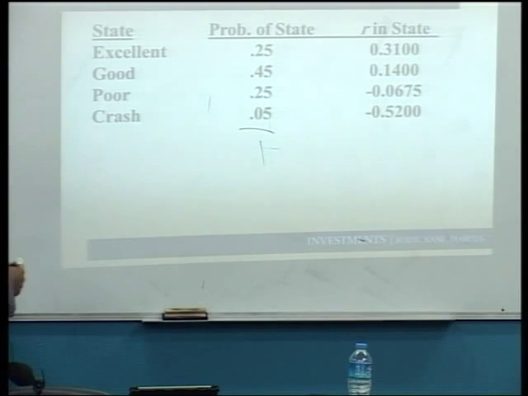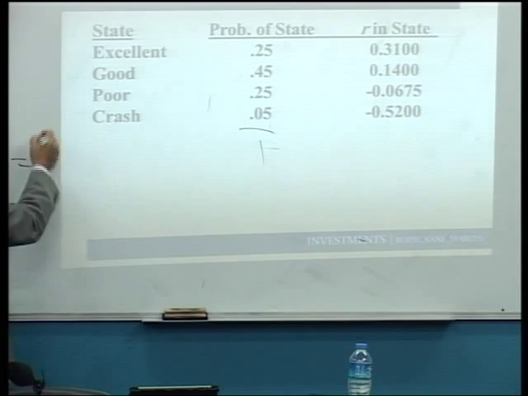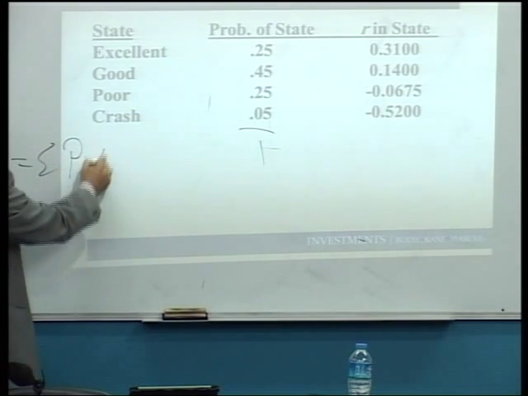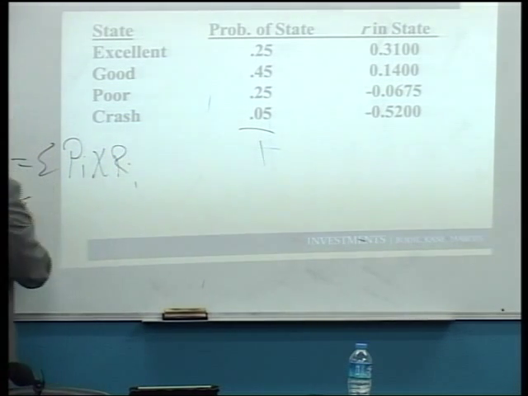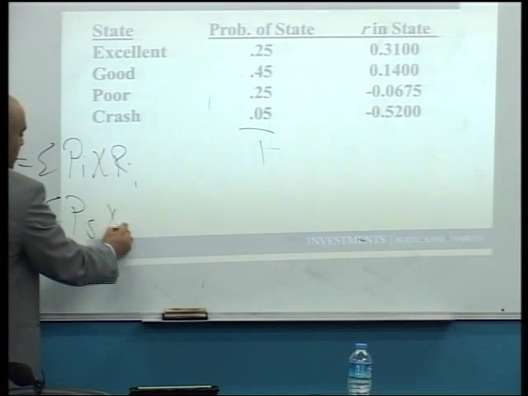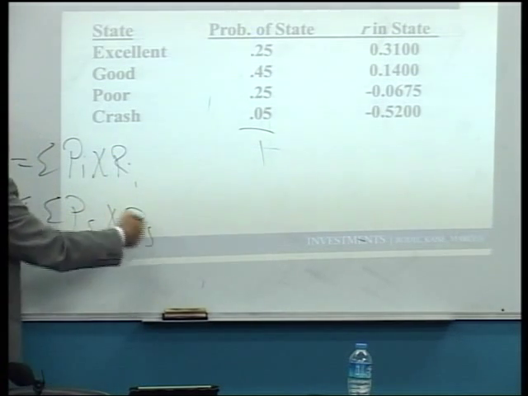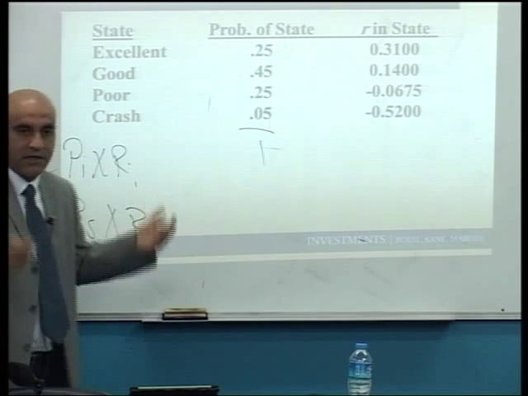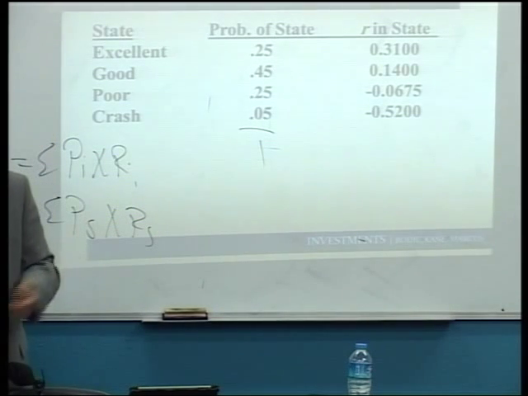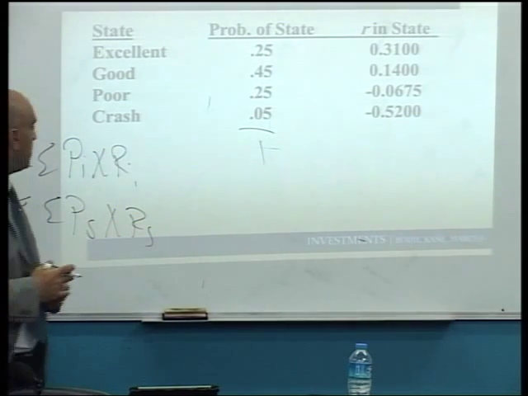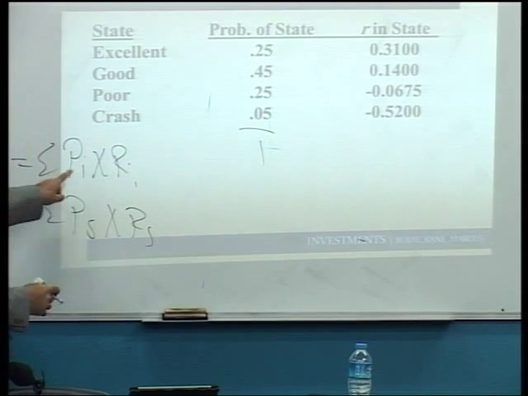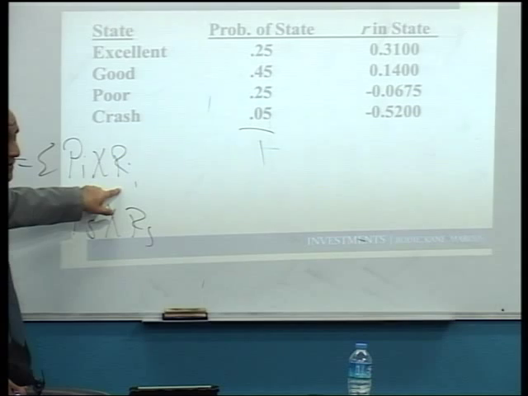To calculate the expected rate of return, it is the summation of Pi times Ri, or the summation of Ps times Rs. This is the stocks. It's i, any i. It could be bonds, could be stocks, or any other things. So you just multiply the probability of the state by the return of the state.